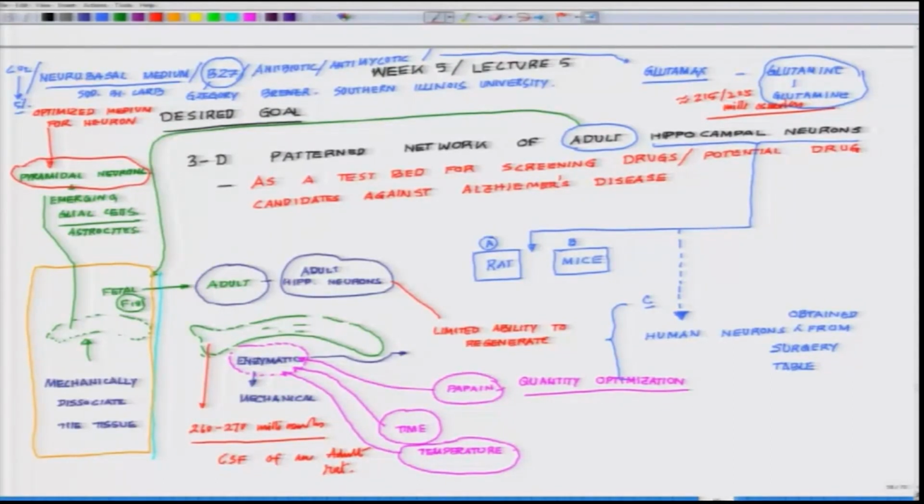Okay. So, the next advancement in this medium which was used for fetus is using neurobasal, but it comes in the market with A, where A stands for adult. So, neurobasal A and neurobasal regular, the difference is in osmolarity.